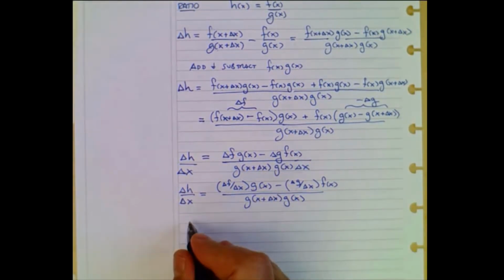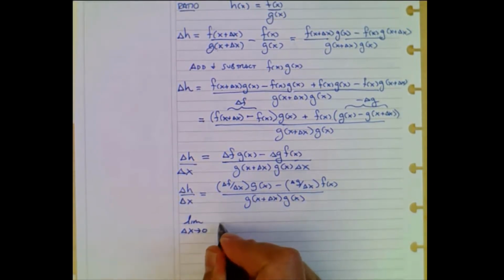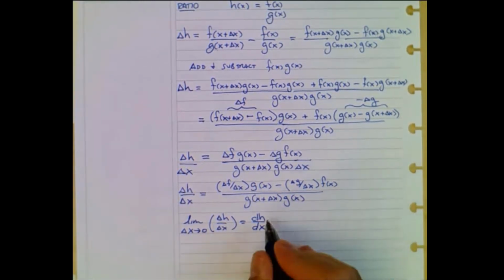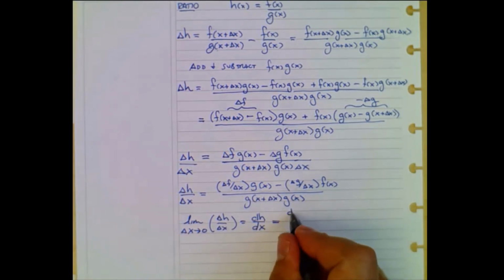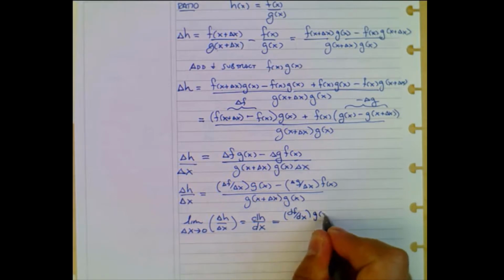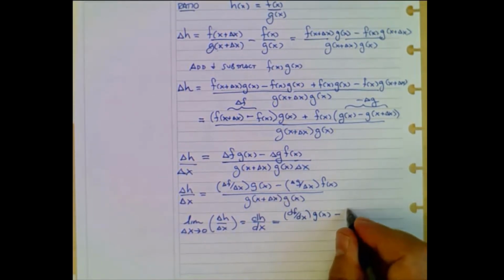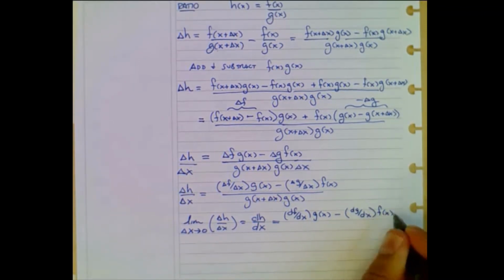All right, and now if I take the limit as delta x goes to 0 of delta h over delta x, that's my derivative dh/dx. And what happens to all of this? That first term in the numerator becomes df/dx, multiplied by g of x. That second term in the numerator has dg/dx times f of x.